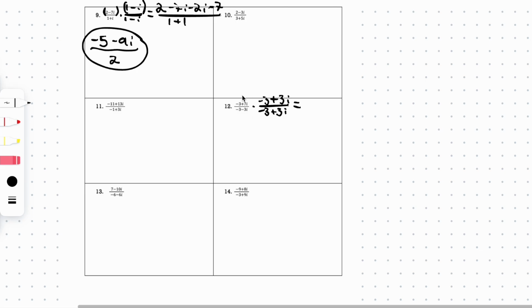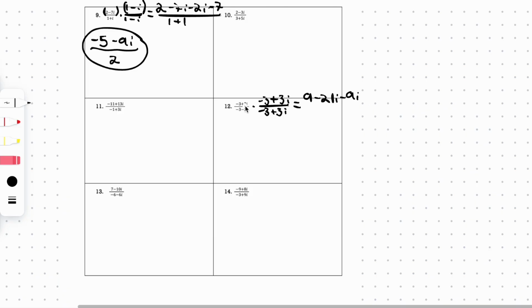Okay, so again, we have to FOIL these two. Negative 3 times negative 3 is 9. Negative 3 times 7i is going to be negative 21i. And then we're going to have negative 3 times 3i, which is just going to be minus 9i.